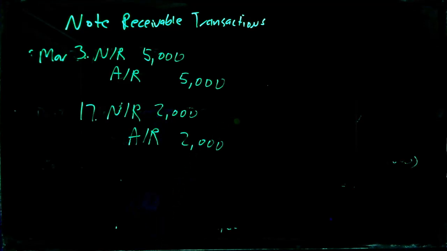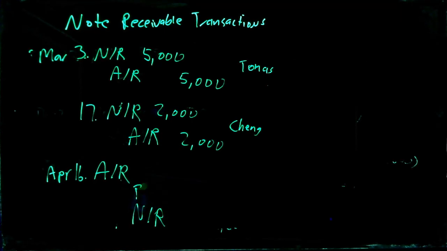So Chang is the $2,000 note, and Thomas is the $5,000 note. So Chang dishonored his note. So on April 16th, we're going to move his note from note receivable back to accounts receivable.